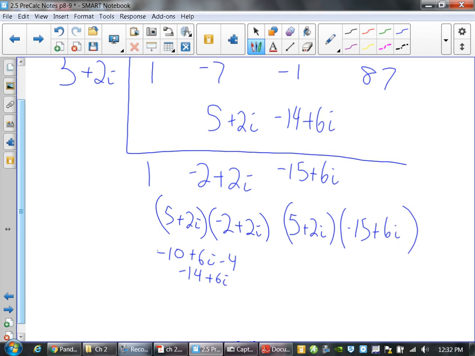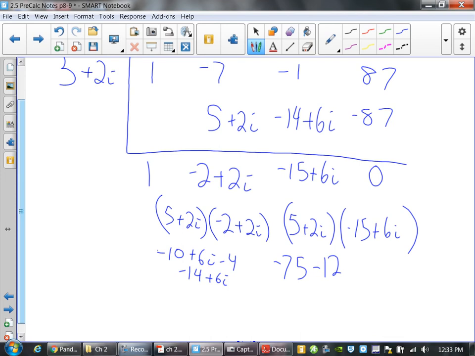Five times negative 15, I think, is negative 75. 30i minus 30i. Okay, that's convenient. And then I have plus 12i squared, which is minus 12. And there we go! So we verified that 5 plus 2i is a 0.